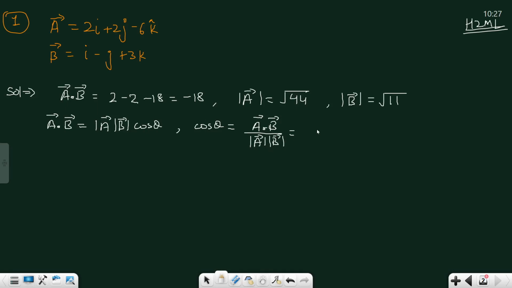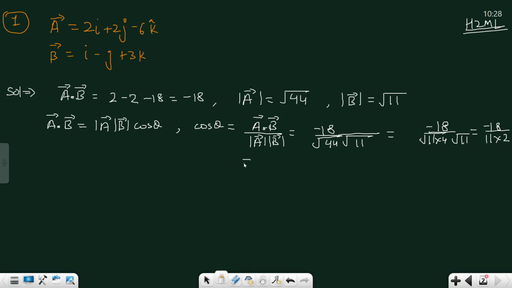So it's -18 by root 44 root 11. Is it matching? You can take out 11 as a common. Root 11 into root 4 into root 11. So it will become -18 by 11 into 2.